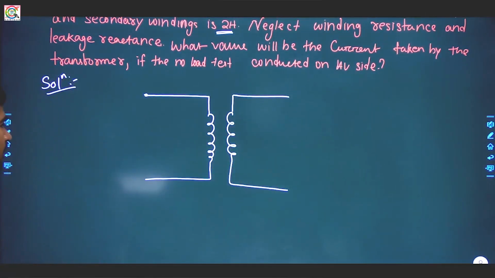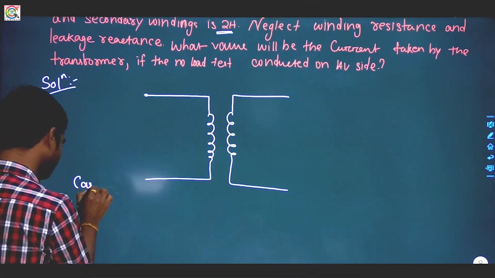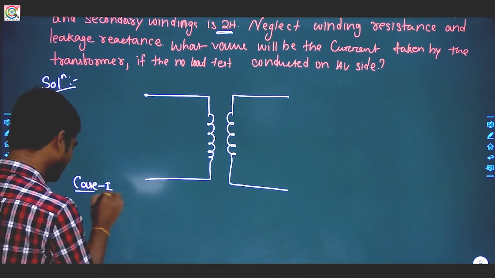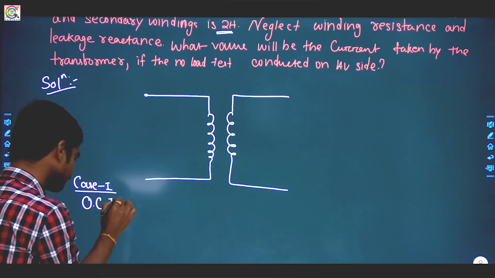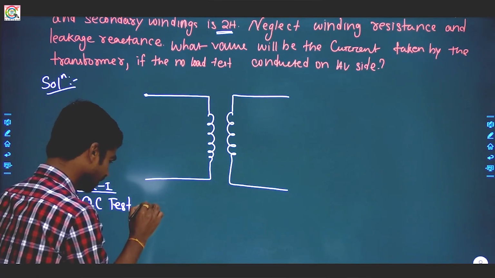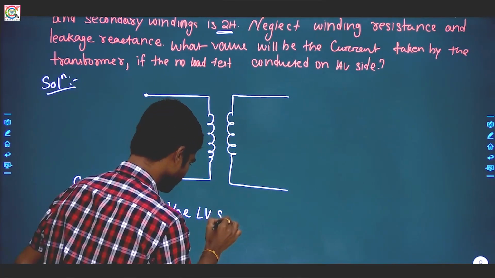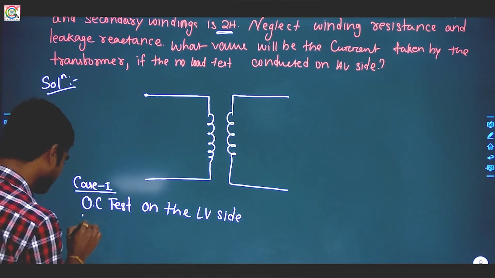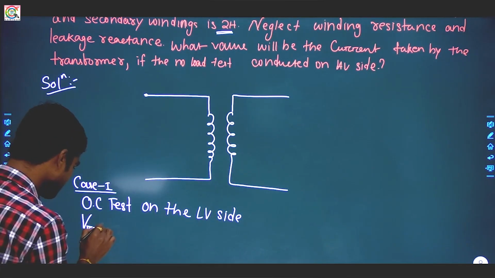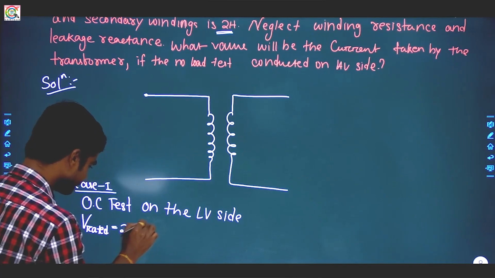Case 1: open circuit test on the LV side. It should be conducted at the rated voltage. Here the rated value is 200 volt.